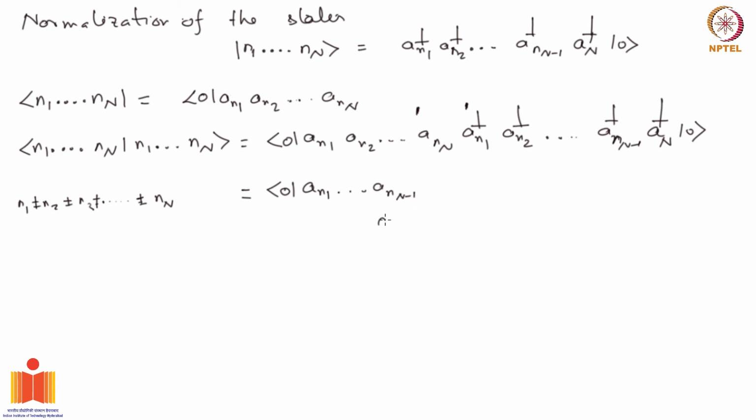And then you have, I'm just writing in the next line for ease of visualization, a_{n1} dagger, a_{n2} dagger, up to a_{n-1} dagger, and then you have a_n and a_n dagger. Sorry, this was a_n, so this is n subscript n. Okay, so let me write that down in the next line.